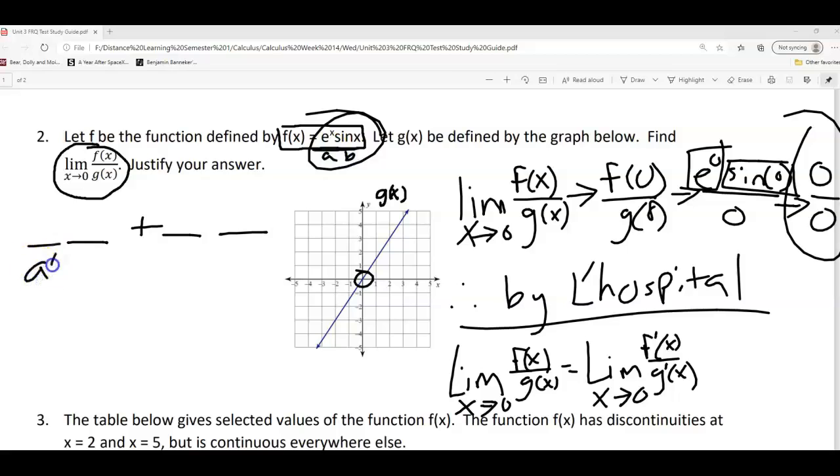So it's going to be a prime b plus a b prime, right? That's the product rule. So the derivative of e to the x is just e to the x, and b is sine x, a is e to the x, and b prime, the derivative of sine x, is cosine x. And now, once again, we want to do our direct substitution. So let's plug that 0 in.